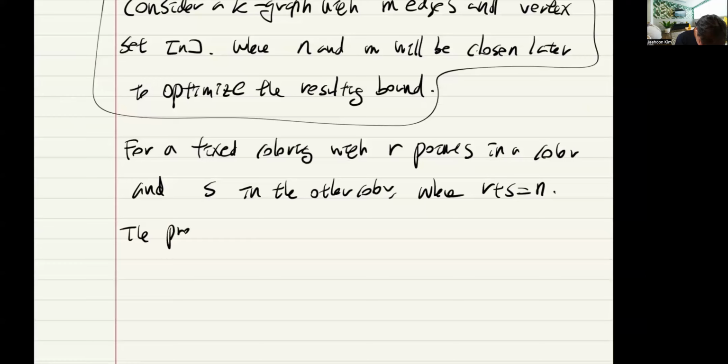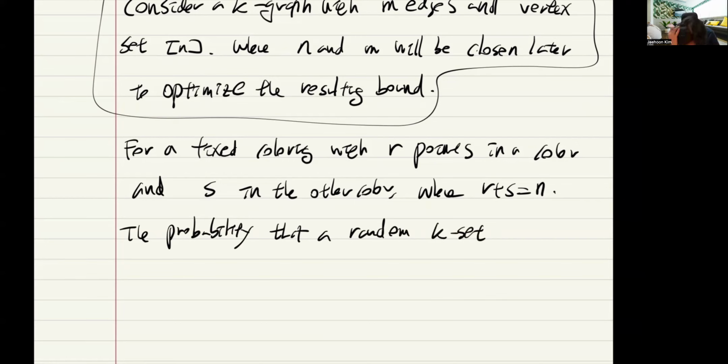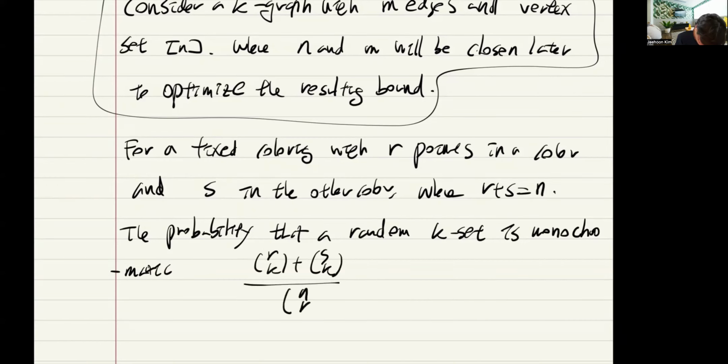And the probability that a random k-set, so we have to choose a set of size k from the hypergraph later, is monochromatic is (r to the k plus s to the k) divided by n to the k.